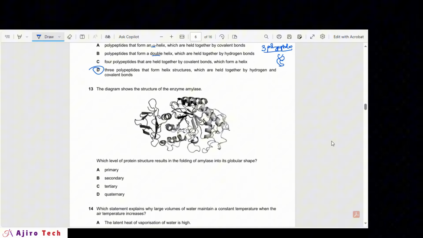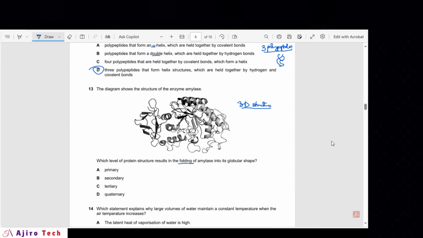The diagram shows the structure of amylase, and we are shown a three-dimensional structure. This is a 3D structure of how it is folded.